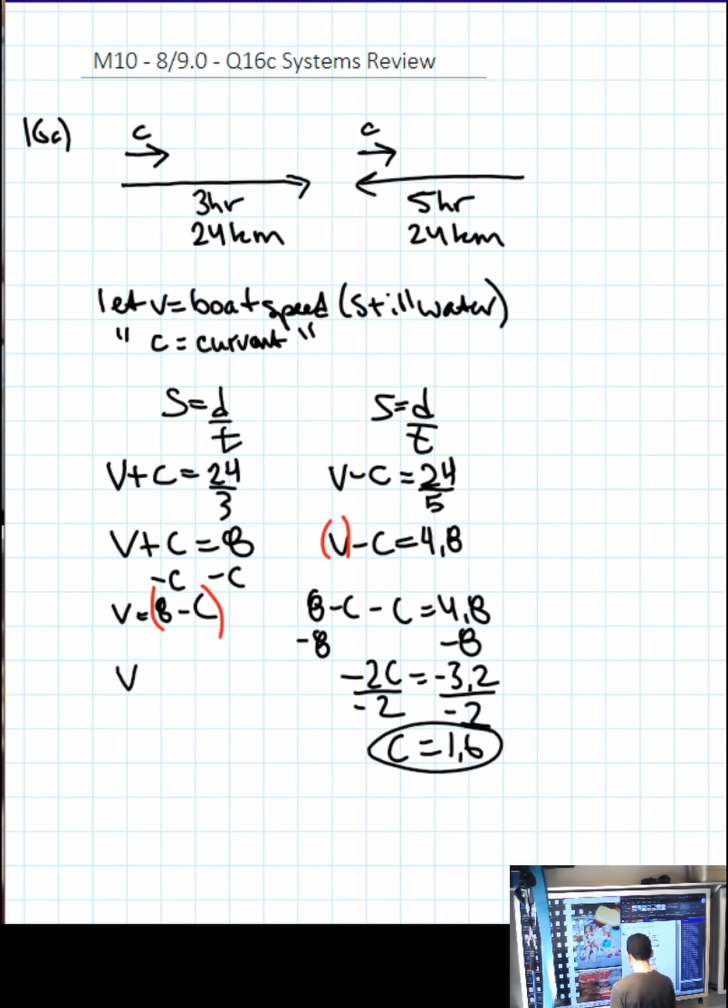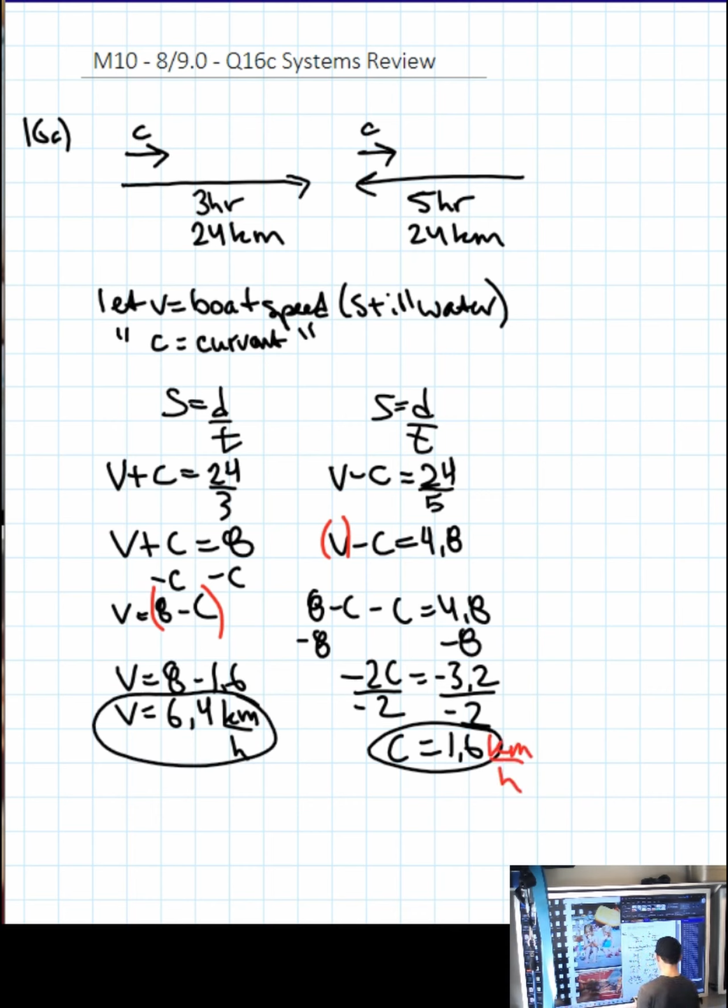Take that, put it in the equation off to the left. v equals 8 minus 1.6. 8 minus 1.6 will be 6.4 kilometers per hour. And on the current, kilometers per hour. So the question was asking for the speed of the boat in still water, so we gave them that as v. We could now again check our answer like we have been, but I've done that enough times, so I will let you do that on your own.